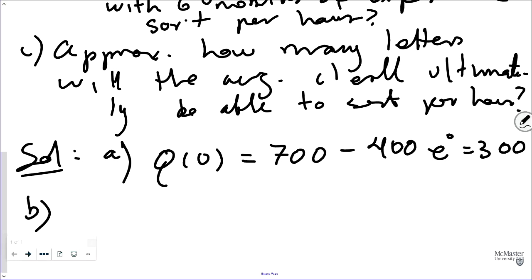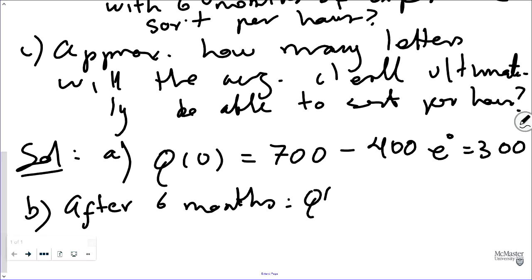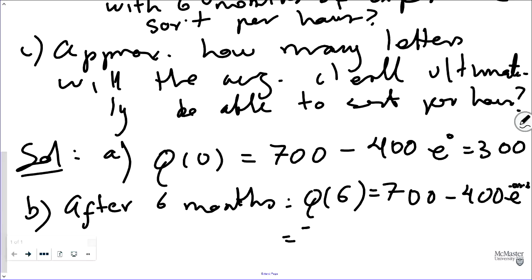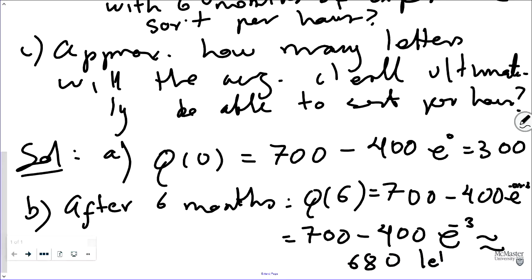The second one is that after 6 months, you just plug in, the units of time are in months, so you have 700 minus 400 e^(-0.5 times 6). If you make the computation, you have 700 minus 400 times e^(-3), which is around 680 letters per hour.